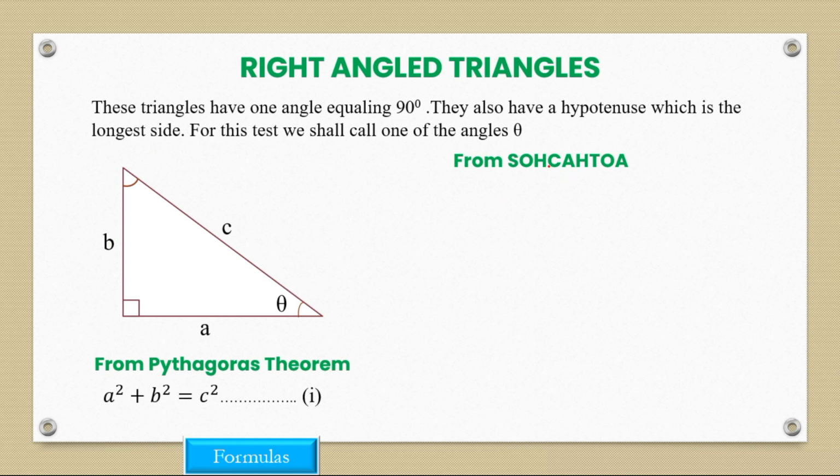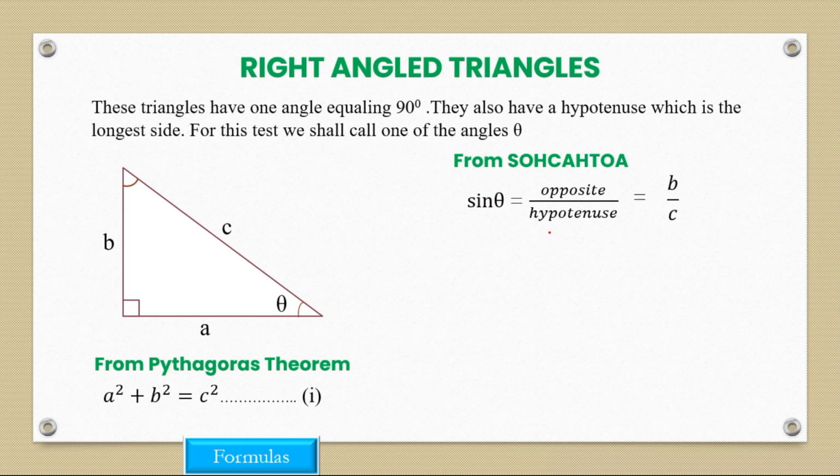When you want to use cosine, it's adjacent over hypotenuse. And when we want to find using tangent, we should use opposite over adjacent. So this will make more sense as we do different numbers. But as you can see, sine theta is equal to opposite over hypotenuse, and that's why we have OH. OH means opposite and hypotenuse. So that will help you to memorize and remember them as we follow along.